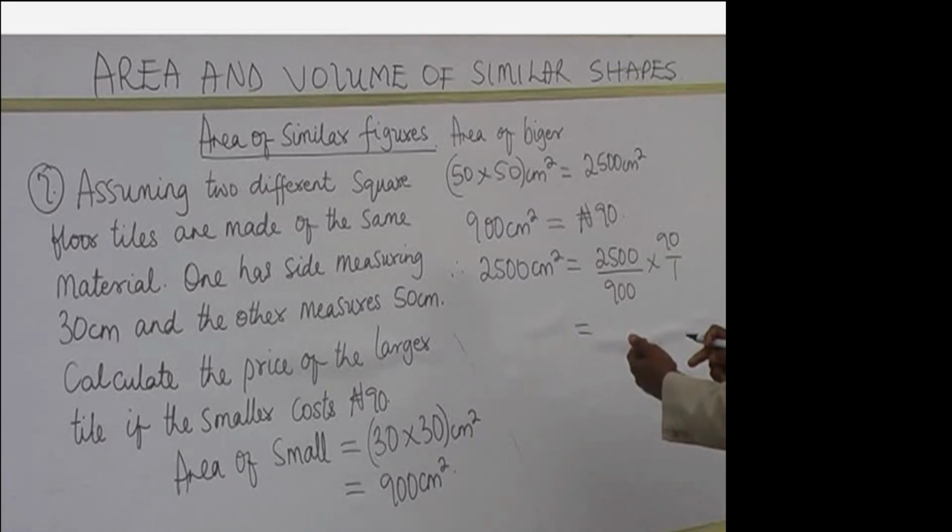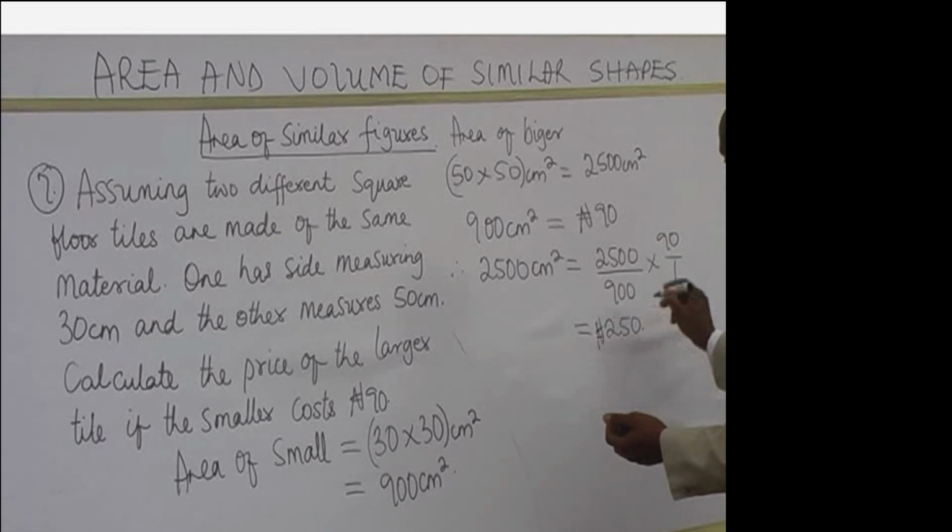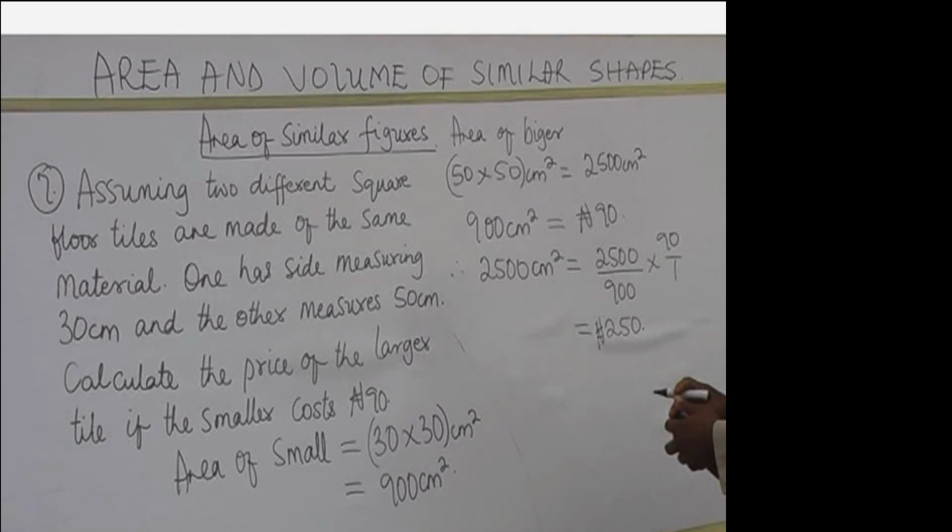Let's multiply 2,500 times 90, multiplying the numerators, then divide by 900. It's giving me 250 naira. And that is the answer to that question number 7.